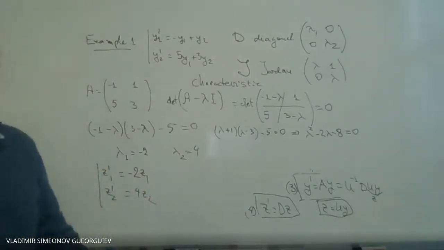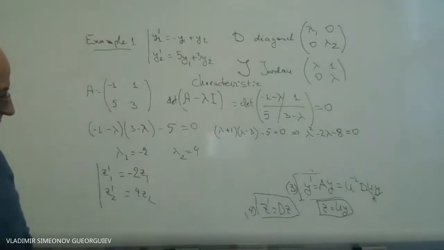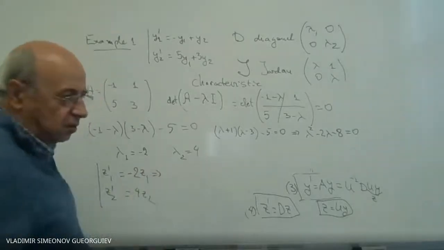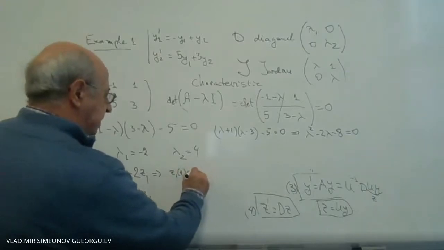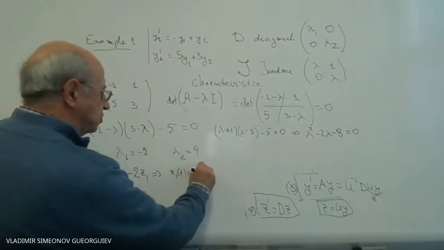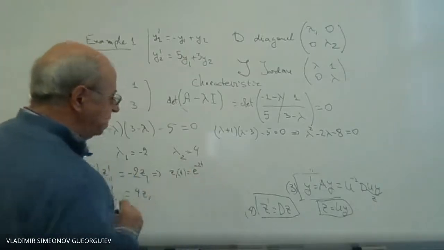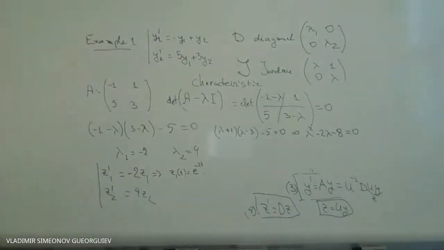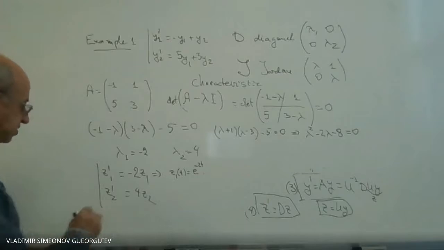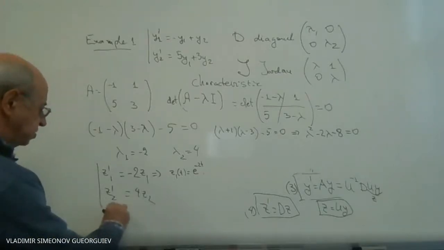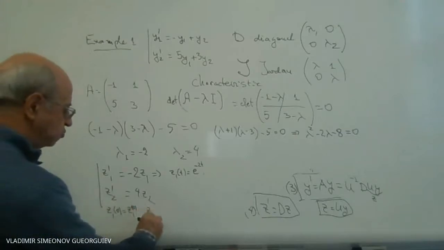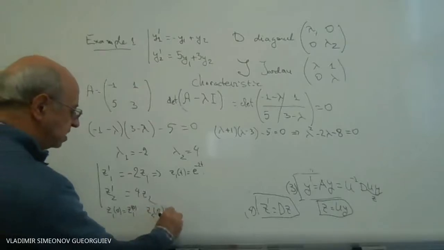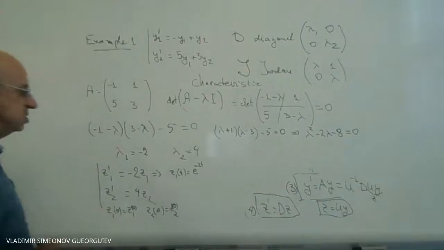These two equations are very simple to solve. So, how shall we solve the first one? For the first one, we already have the solution. Zeta 1 of t is e to the power minus 2t multiplied by our initial data. Here we shall specify, let us write Z1,0 is Z1 with index 0, and Z2 of 0 will be Z2 with small index 0.